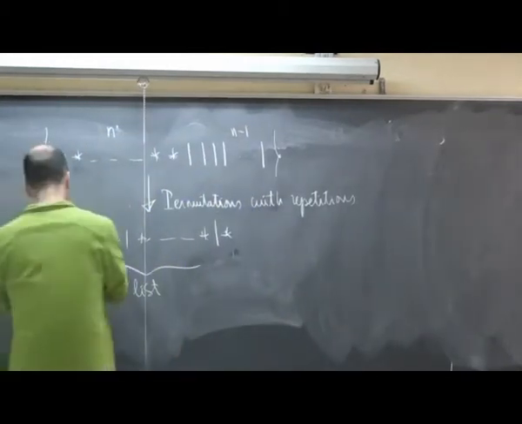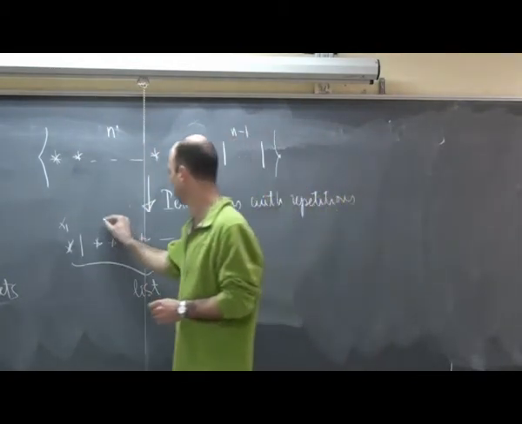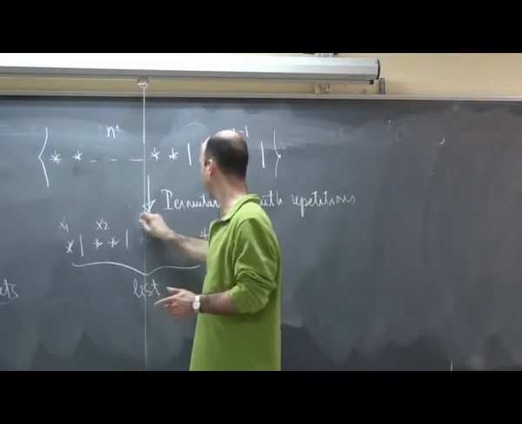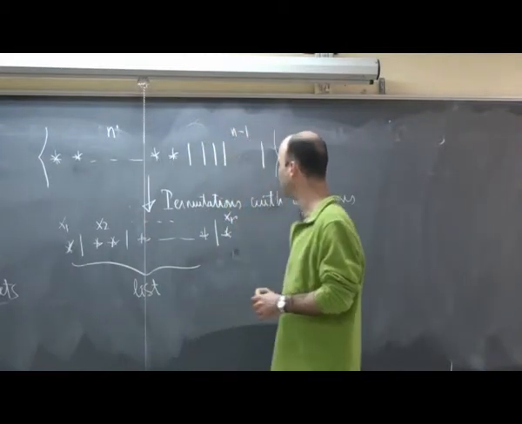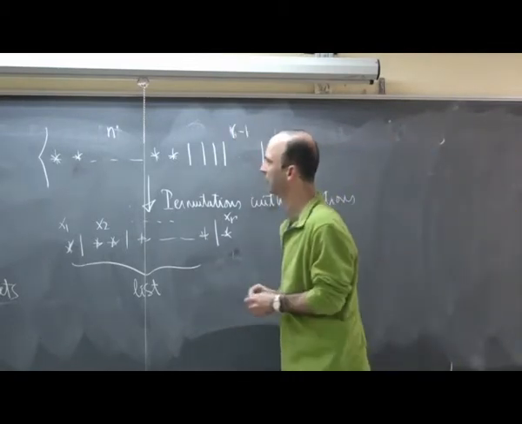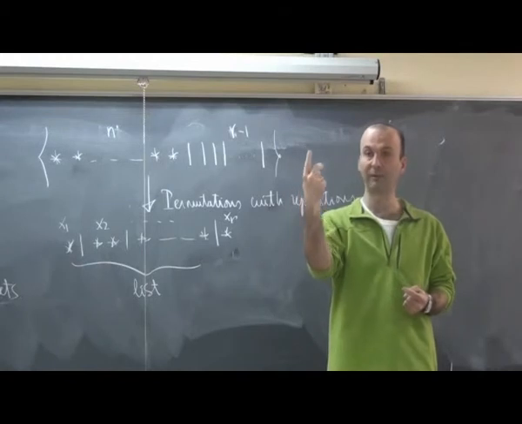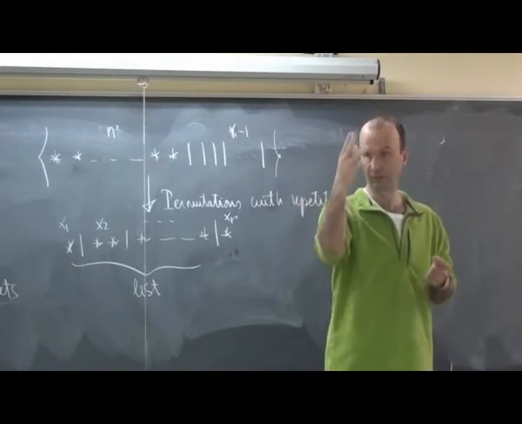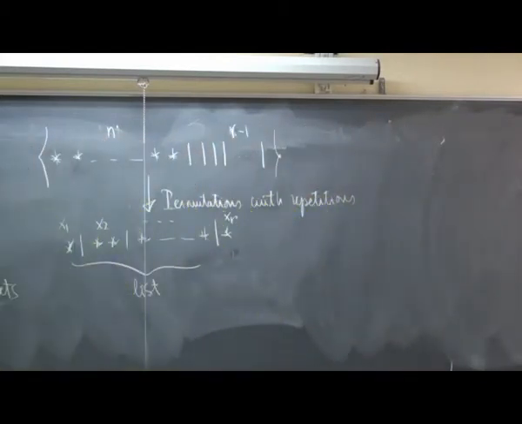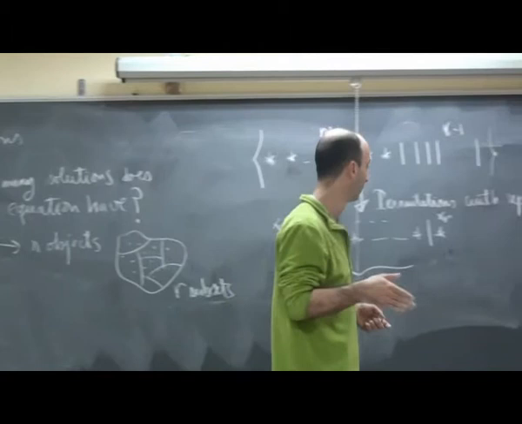Why? Because up to the first bar is going to be x1, up to the second bar is going to be x2, and so forth, and this is going to be xr. Why do I have to use r minus 1? Because with one divider, you have 2 subsets. That's why if you want to have r boxes, you need r minus 1 dividers.